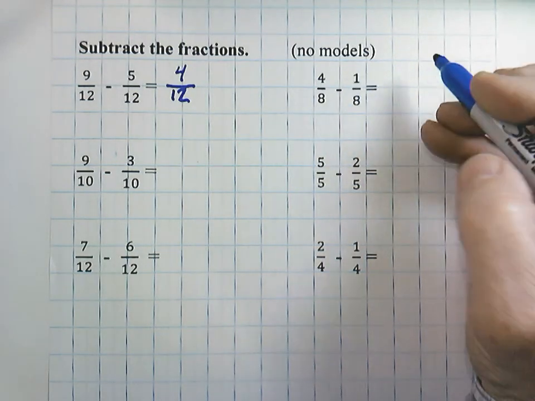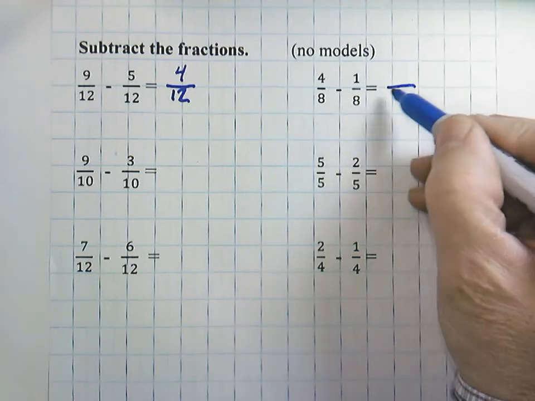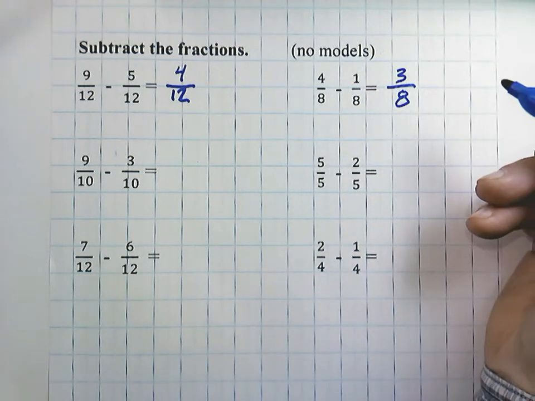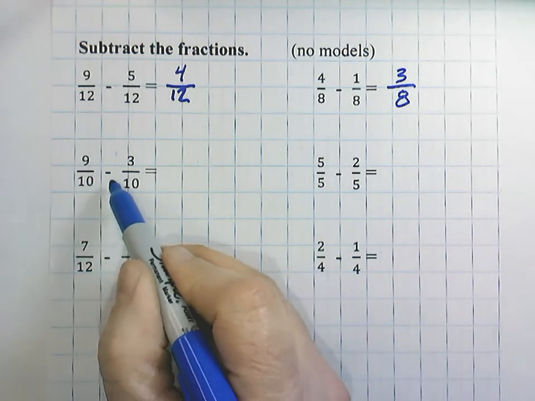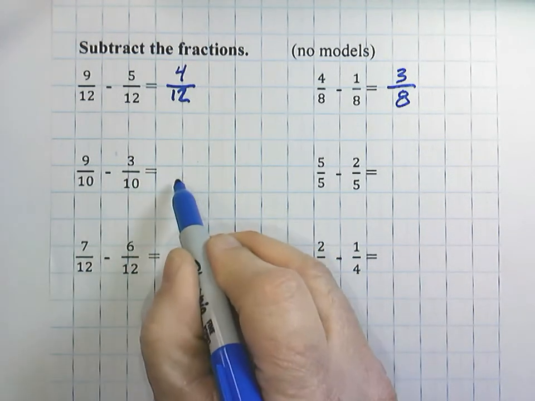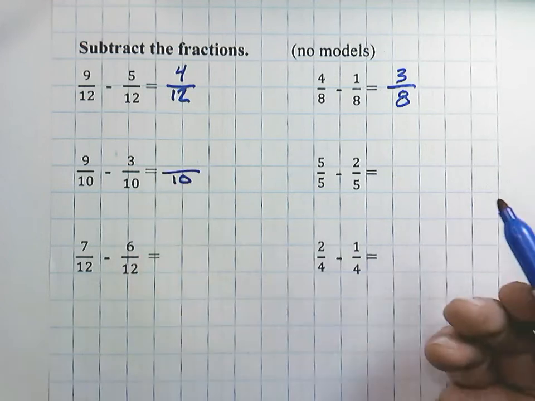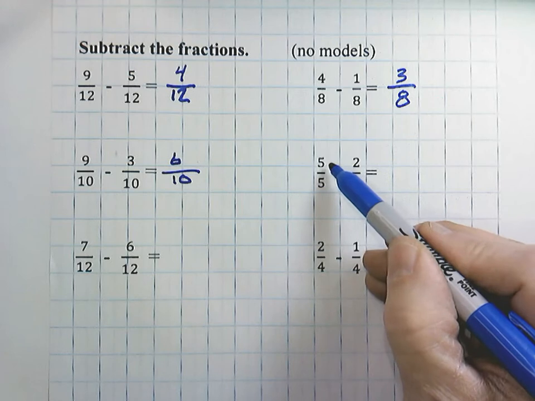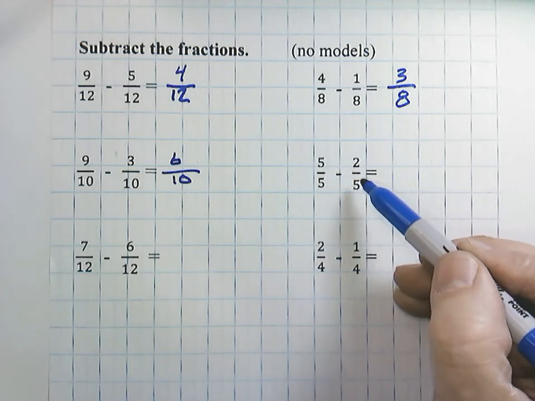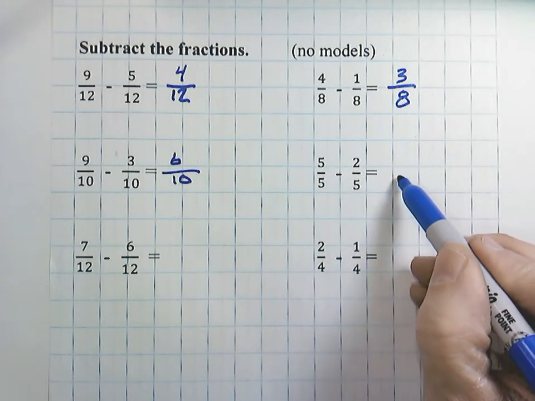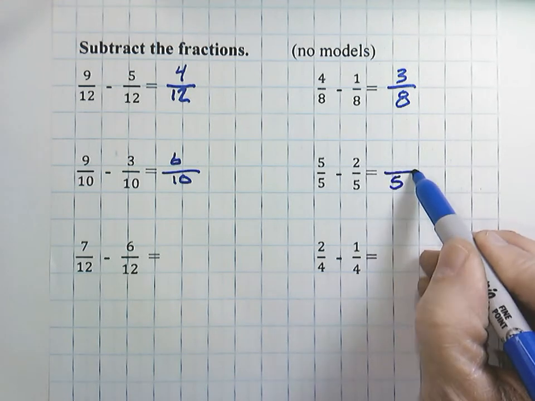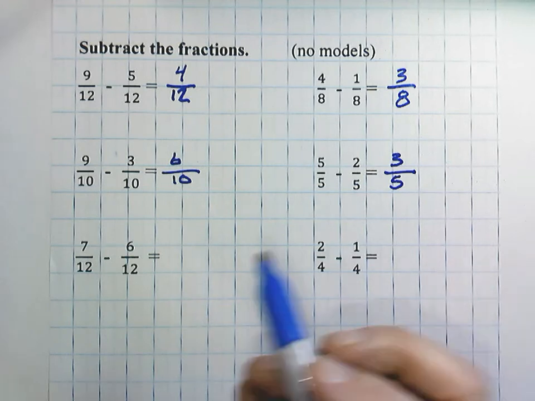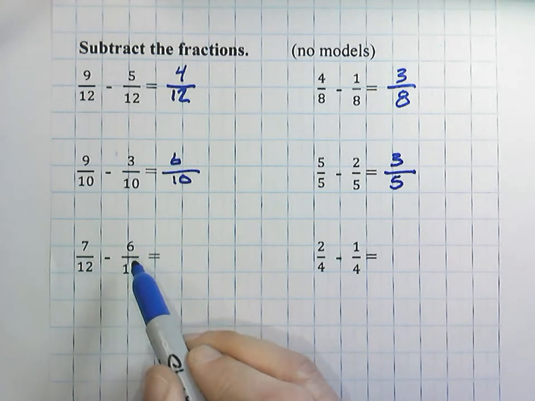4/8 minus 1/8. Well, this is easy. 8, 8, 8, and 4 minus 1 is 3. 9/10 minus 3/10. Boom, boom, boom on the bottom. And 9 minus 3 would be 6/10. 5/5 minus 2/5. 5, 5, 5. 5 minus 2 is 3. 7/12 minus 6/12.